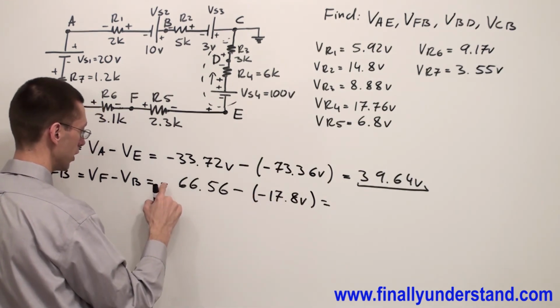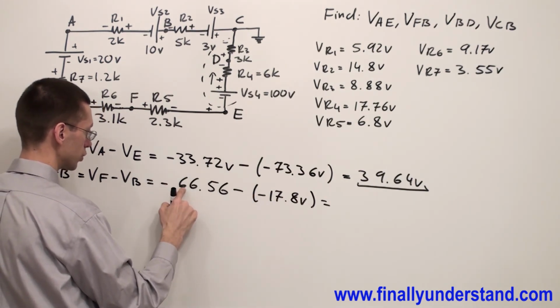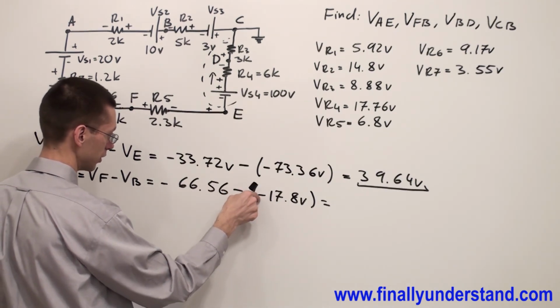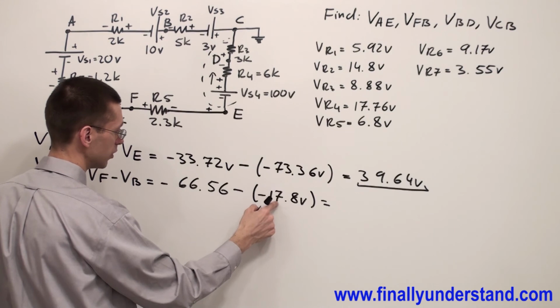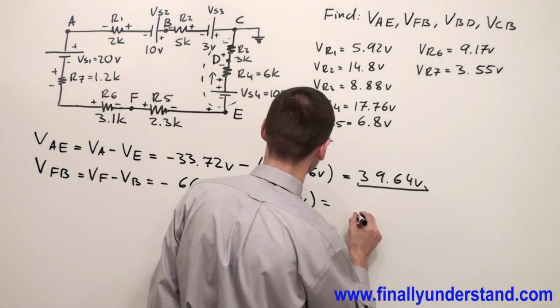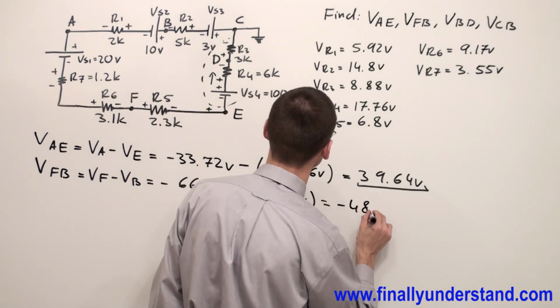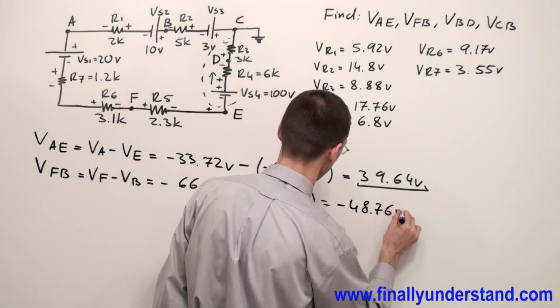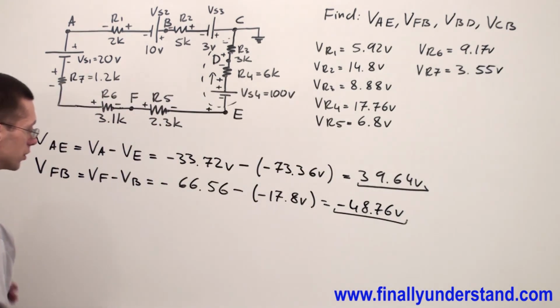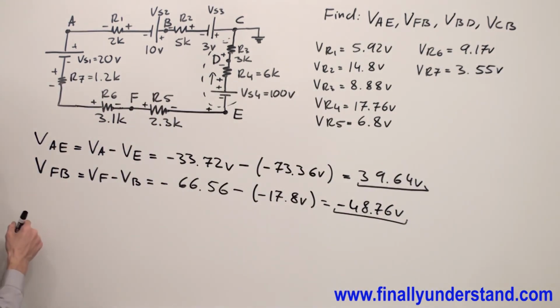So I'm going to have minus 66.56 plus, because I have negative times negative, 17.8, which gives me negative 48.76 volts. This is the voltage VFB.